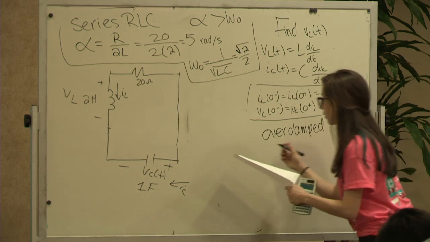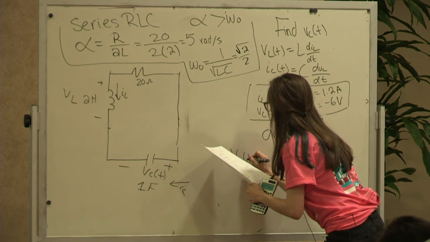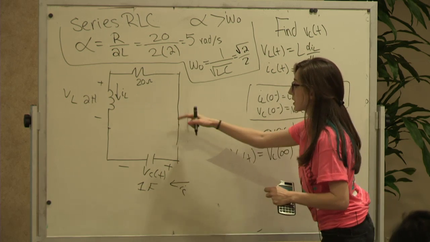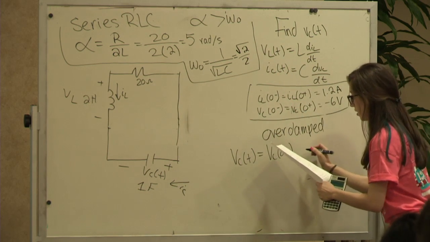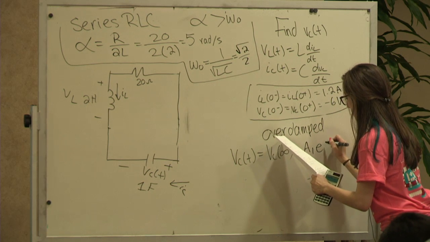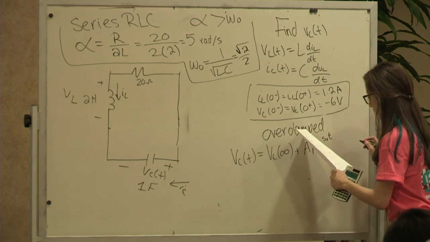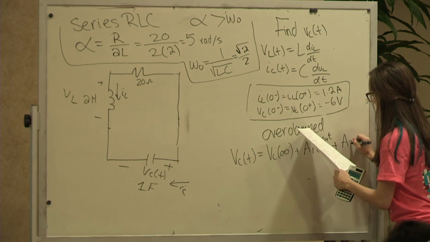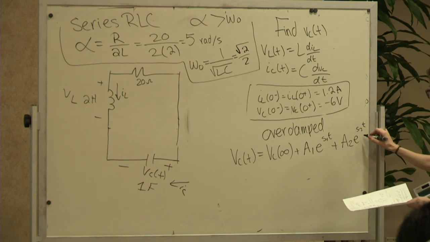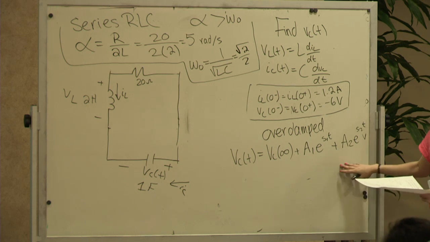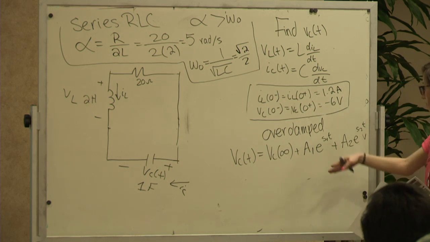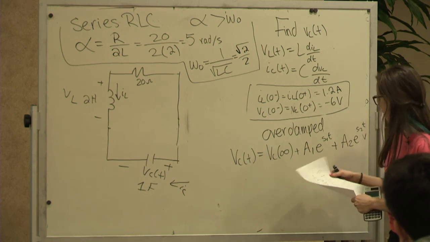And so our equation will be, remember this is step response because it's still connected to those sources, plus A1 e to the S1t plus A2 e to the S2t volts. Everyone good on this equation? You guys seen this before? It might have V of F, but it's the same thing, or like B1, B2.